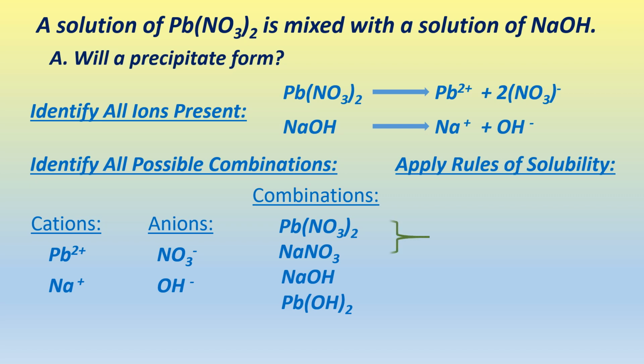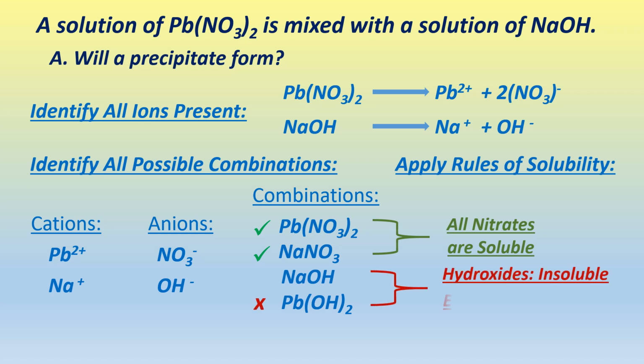The easiest rule to remember is all nitrates are soluble. So Pb(NO3)2 and NaNO3 are both soluble and will not precipitate. The rule for hydroxides, however, states that they are generally insoluble except for group 1, strontium, and barium 2+.